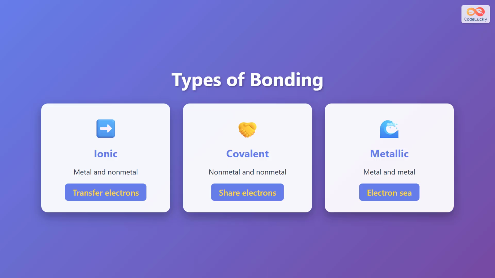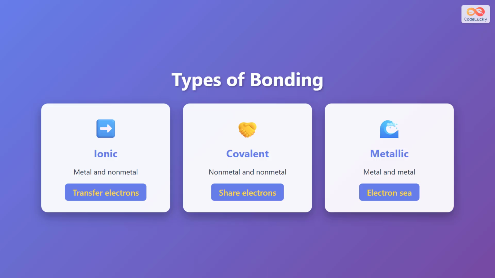Valence electrons participate in 3 main types of bonding. First is ionic bonding, which occurs between a metal and a nonmetal. In ionic bonding, one atom transfers its valence electrons to another atom. The metal loses electrons and the nonmetal gains them. Second is covalent bonding, which happens between 2 nonmetals. In covalent bonding, atoms share valence electrons with each other.